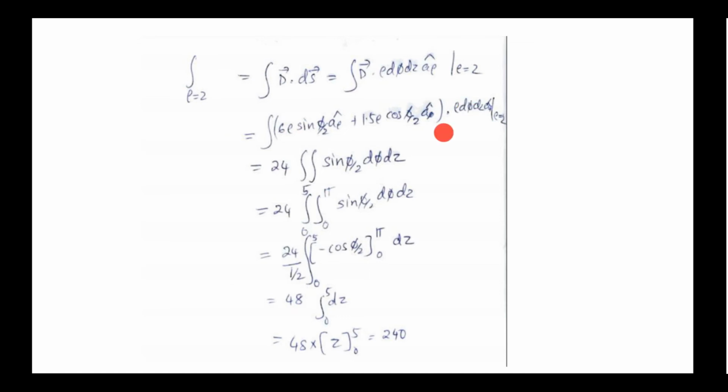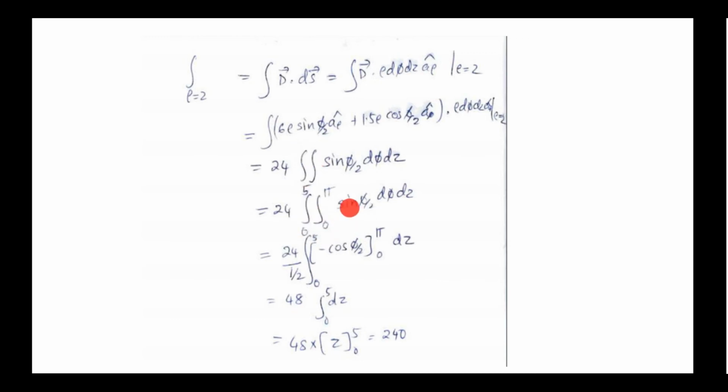If you find the dot product, only the aρ component remains, that is 6ρ sin(φ/2) aρ with ρ equal to 2. So one ρ is there, that is 2, and this ρ is 2. So 2 into 2, 4 into 6, 24, and the left is sin(φ/2) dφ dz. The limits for φ is 0 to π, and the limits for z is 0 to 5.